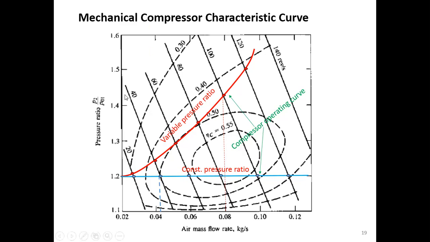How about the variable pressure ratio? If you run your compressor and change your pressure ratio along with the air mass flow rate change, again, the speed of the compressor has to change also.